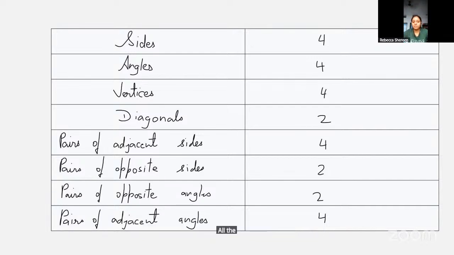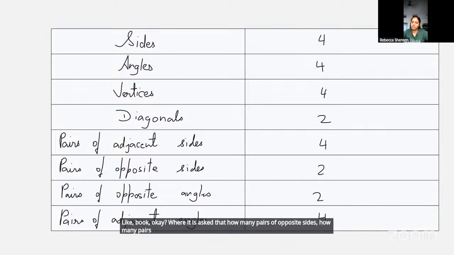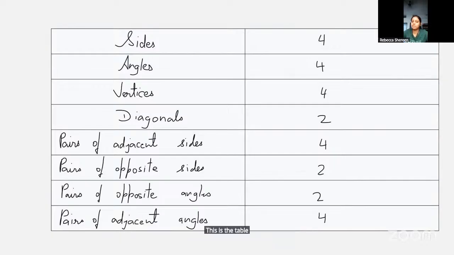There is a question in the book where it is asked how many pairs of opposite sides, how many pairs of adjacent sides. So this will help you. If a fill in the blank or any short question is asked, how many pairs of adjacent angles are there, this is the table that will help you in answering that. Understood?